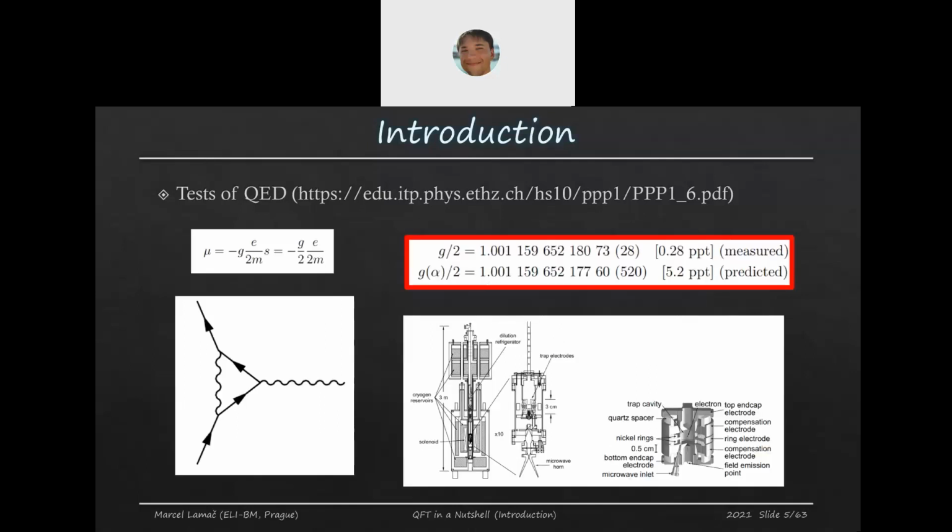But let's talk about what is known as the crowning success of QED, or the most brilliant result of physics, or the most precise result of physics. This is the comparison of the analytically predicted value of the anomalous magnetic moment, or the g factor, to the experimentally measured value.